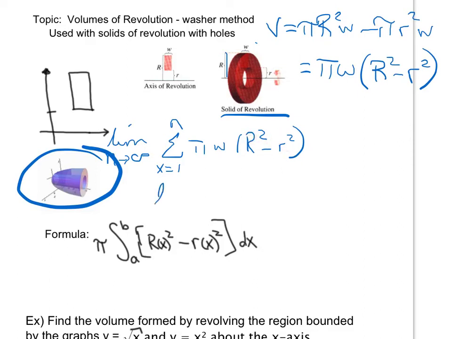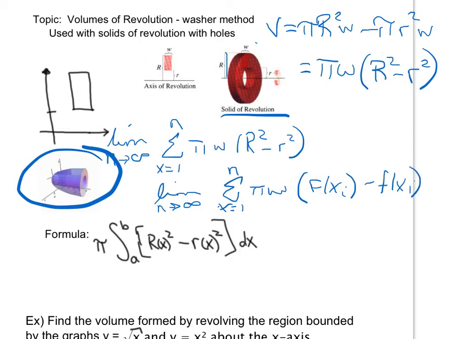Then I can say that the limit as n approaches infinity of the sum from i equals 1 up to n of pi W times my f of x sub i, being my upper function, squared, minus my little f of x sub i squared, being my lower function. Oops, I forgot my square. So that's my large radius and my small radius. How can I change that into an integral?